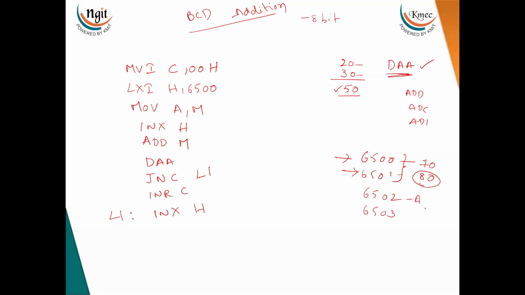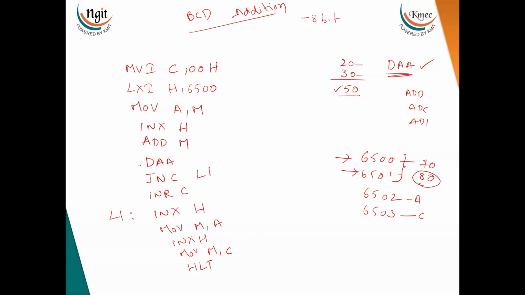Here we need to store the accumulator value, and here the carry value. So increment and MOV M, A, and once again increment the location and MOV M, C, and halt.